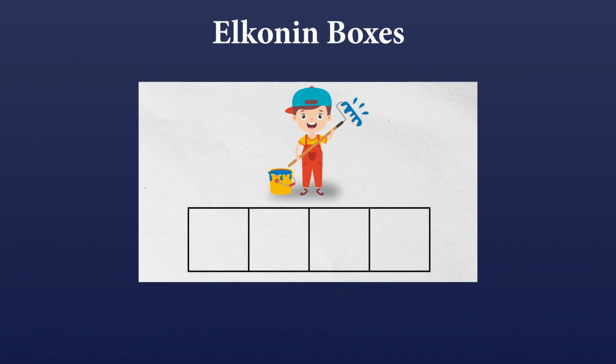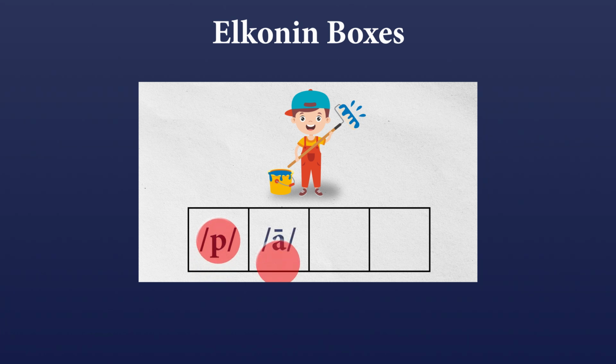For the word paint, they would place each manipulative as they say p, a, n, t. Elkonin boxes can be used with real or nonsense words and can be a helpful tool for students to have a more concrete way to identify individual sounds in words.